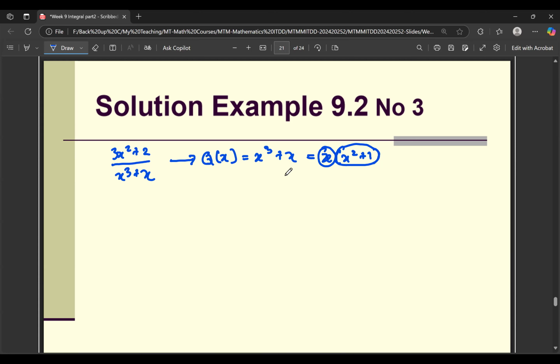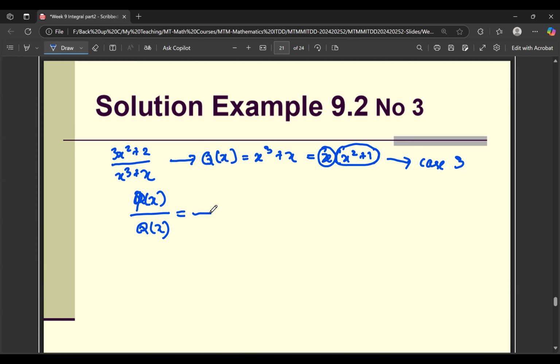So the partial fraction of p(x) divided by q(x) will be case 3, because we have non-repeating quadratic factors.